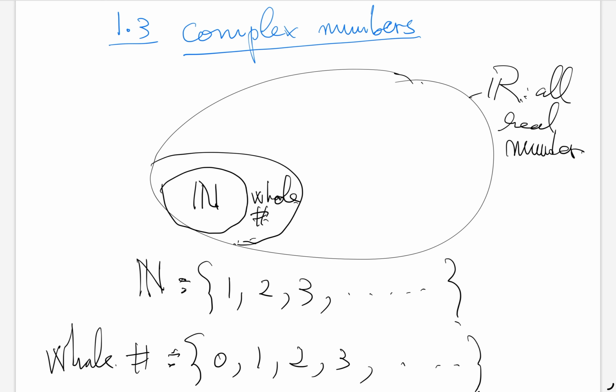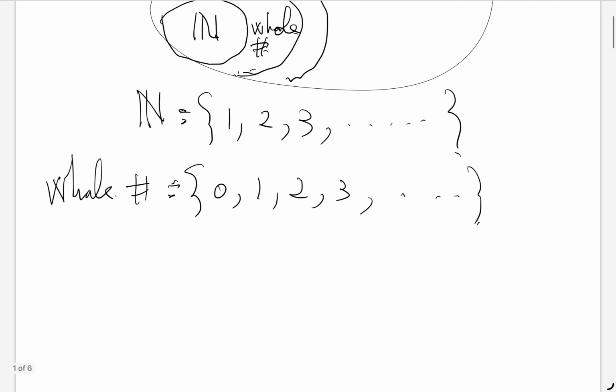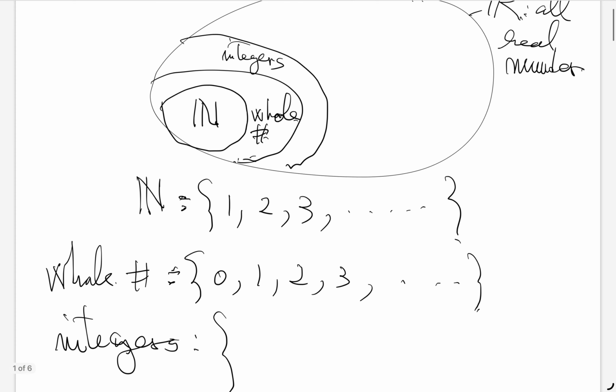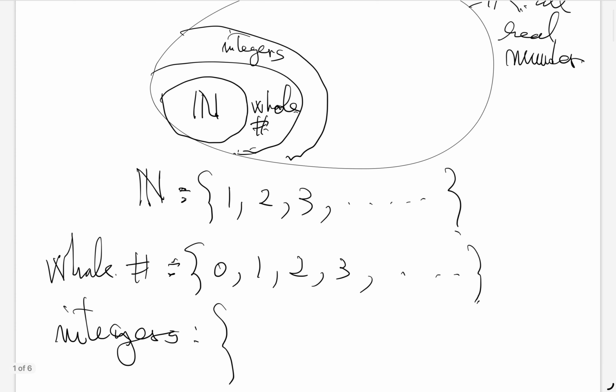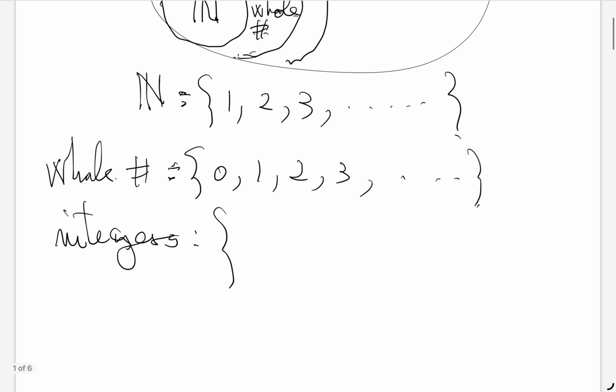You also have something called integers. The integers are the set of all whole numbers and their opposites. So you can think about -3, -2, -1, and you have 0, 1, 2, 3, and so on.